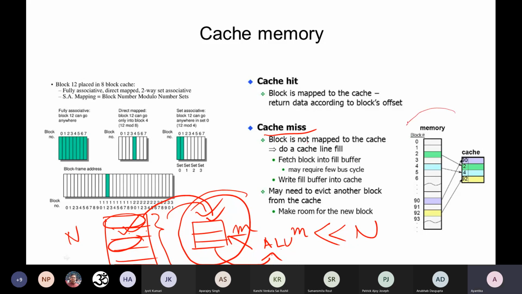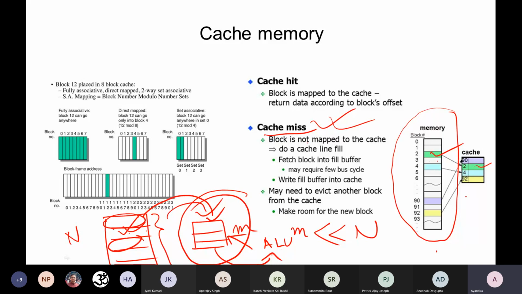If you see, this is your memory with a large number of blocks, whereas in your smaller memory you have a smaller number of blocks. So multiple blocks of your main memory get mapped to the same cache location. So there is a chance that when a particular block is residing in that smaller memory location, other blocks are not present, and if you try to fetch data from those other blocks, that of course leads to a cache miss.